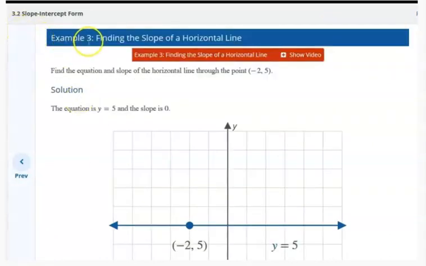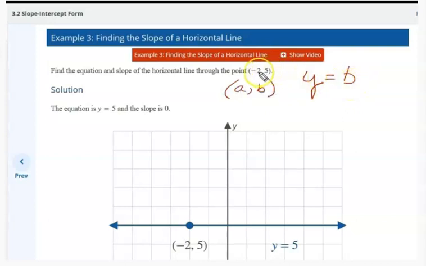Now, you're going to write example 3, and the question is, find the equation and slope of the horizontal line going through this point. Well, here you're going to go to your toolkit, and you know the equation of all horizontal lines is y equals b, and the ordered pair can sometimes be written as a comma b, and b is what we need.